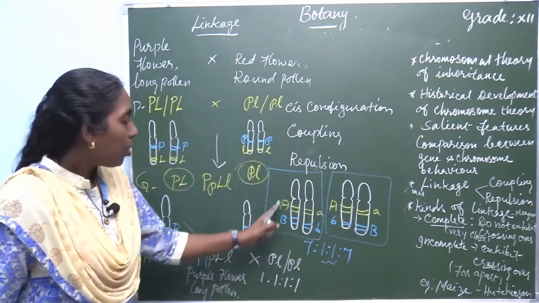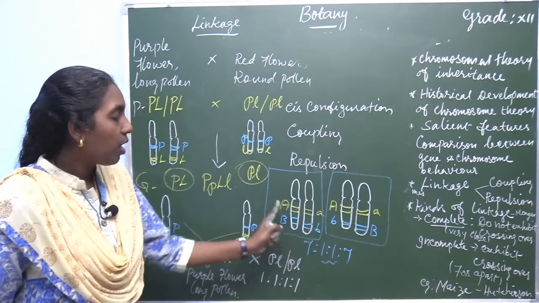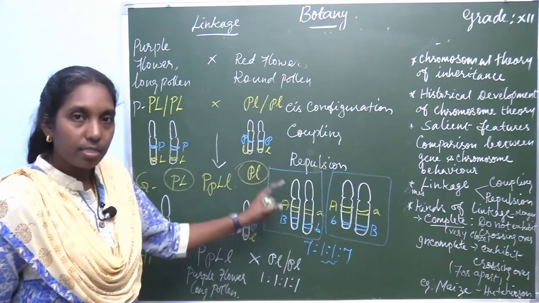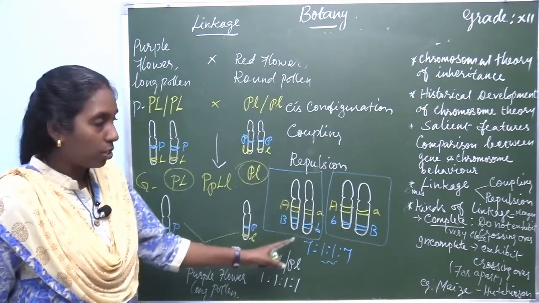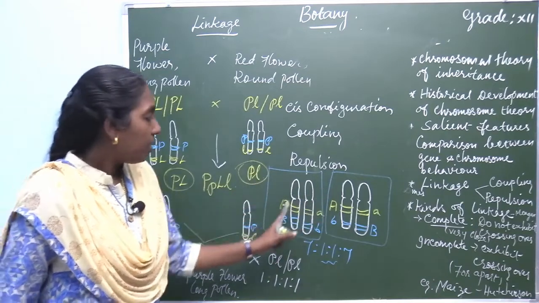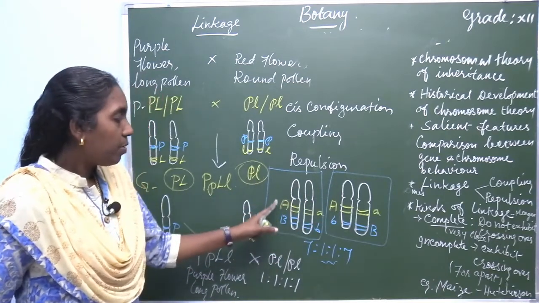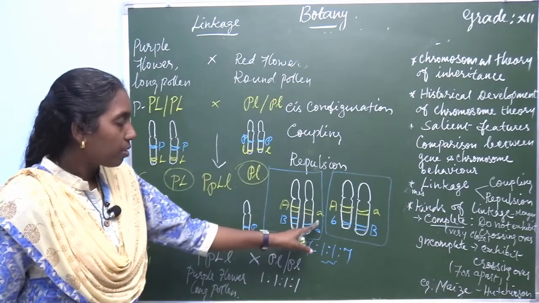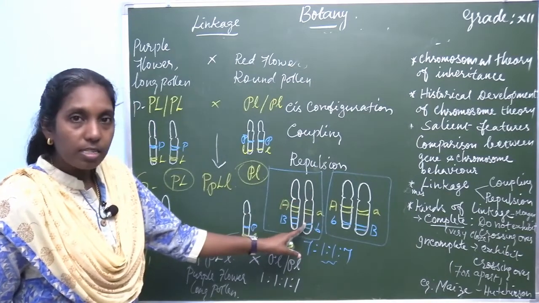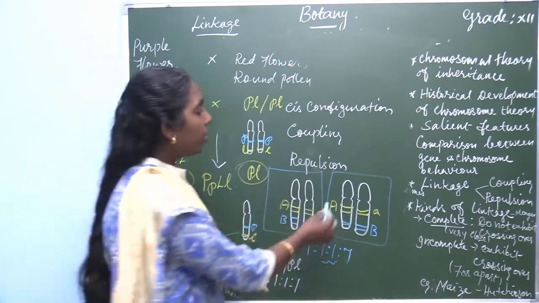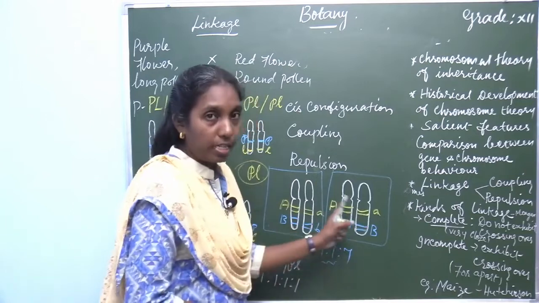Here, the dominant and recessive alleles are present in the same homologous chromosome. Here, dominant capital A, capital B are present in the same chromosome, small a, small b in the same chromosome. But here, dominant and heterozygous forms.